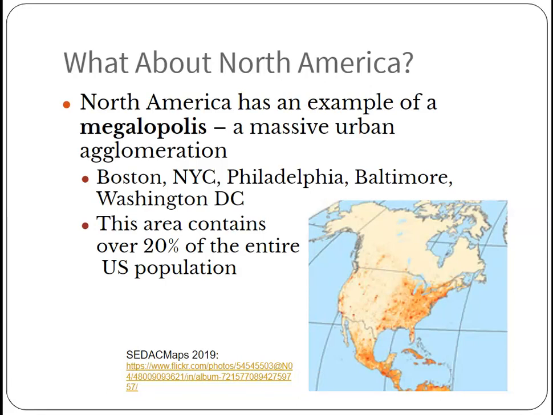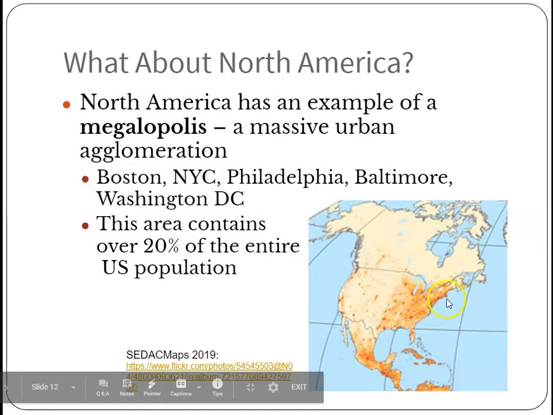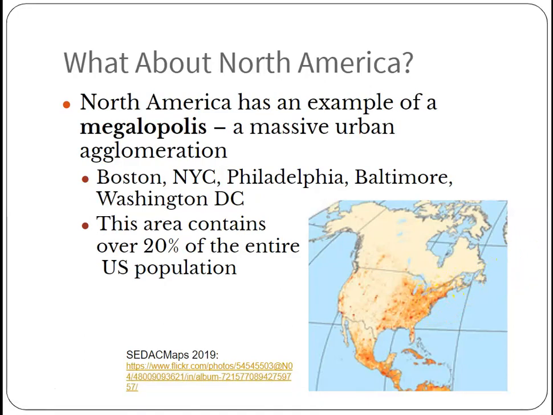But we do have a different type of geographic phenomenon, and this is what is called a megalopolis. And so, megalopolis is going to be this big chunk of orangey red over here on the eastern seaboard of the United States. And this is going to be when you have a massive chunk of cities that kind of all blob together. Okay, so over here you've got Boston, New York City, Philadelphia, Baltimore, Washington, D.C., right?